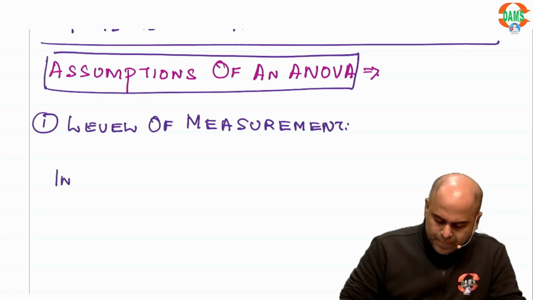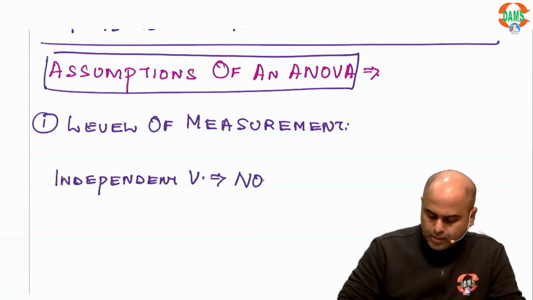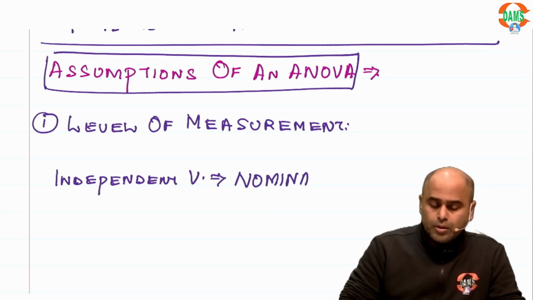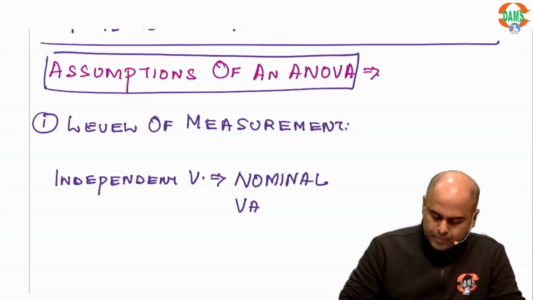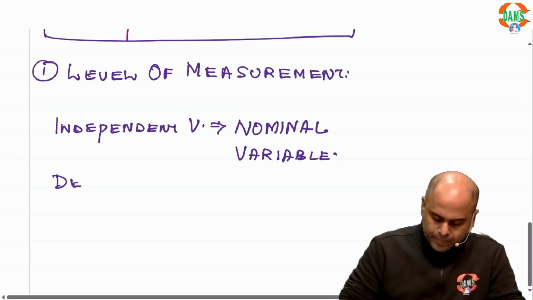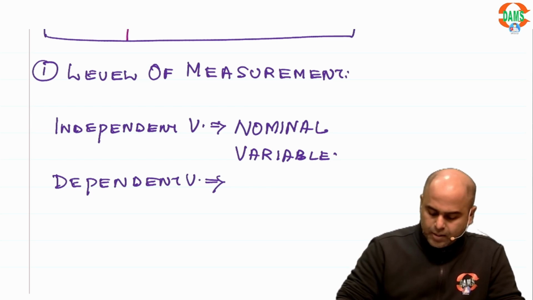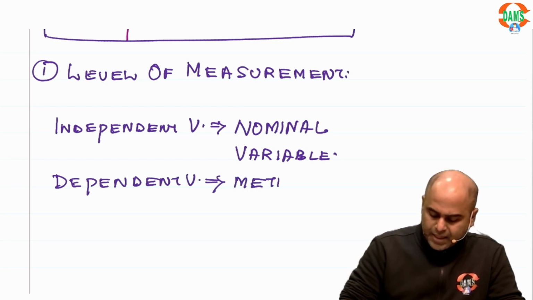My independent variable should be a nominal variable, whereas the dependent variable should be a metric variable.